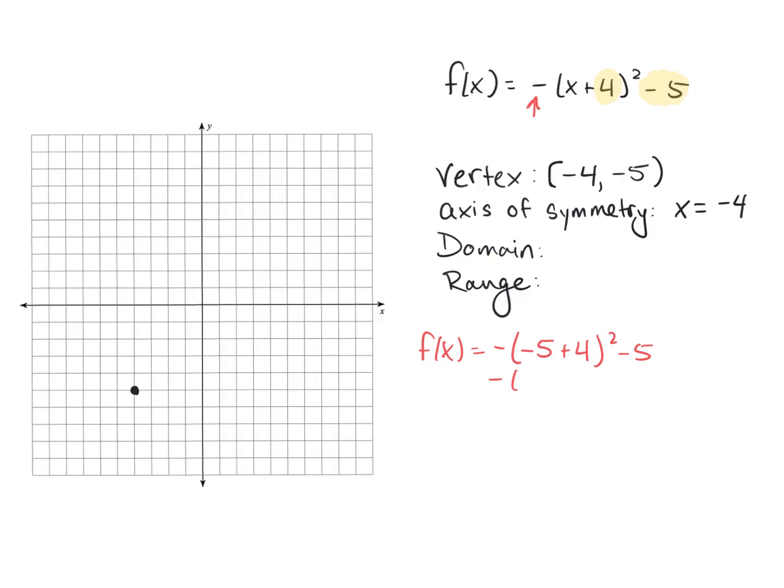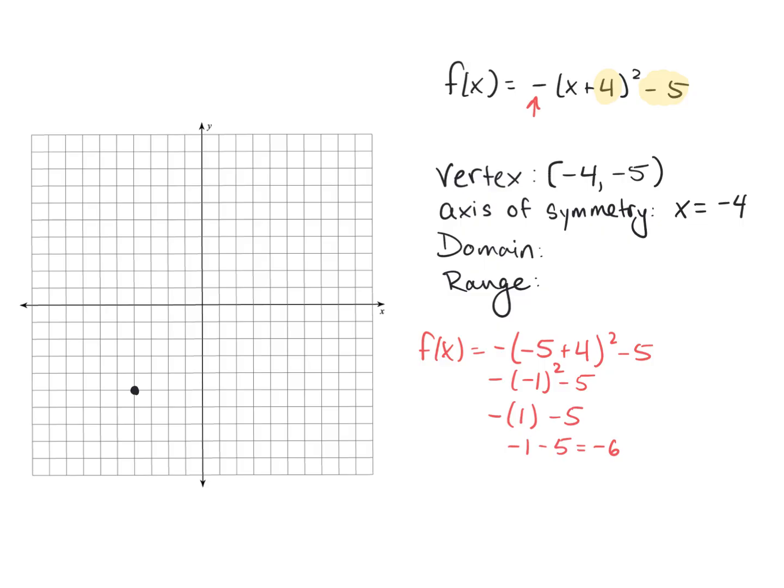Negative 5 plus 4 is negative 1. And then negative 1 squared is going to be positive 1. That negative outside is going to flip that to be negative again, which is going to give me negative 6 for my y value there.